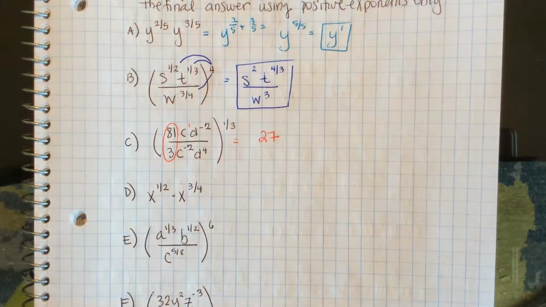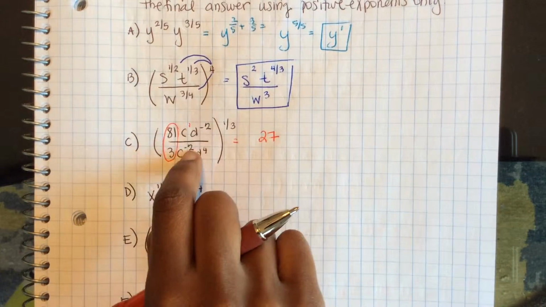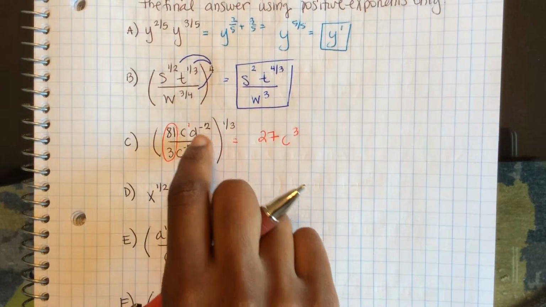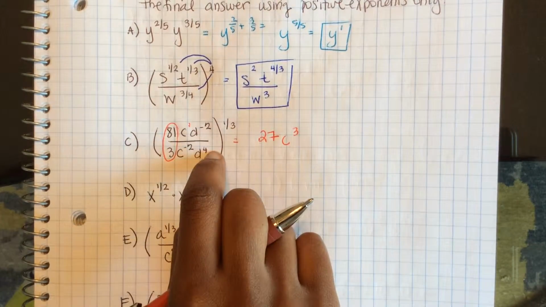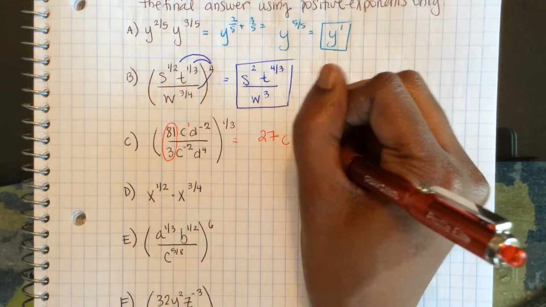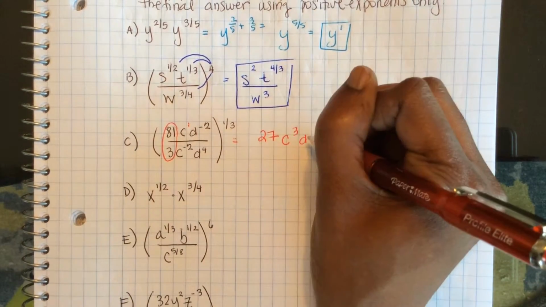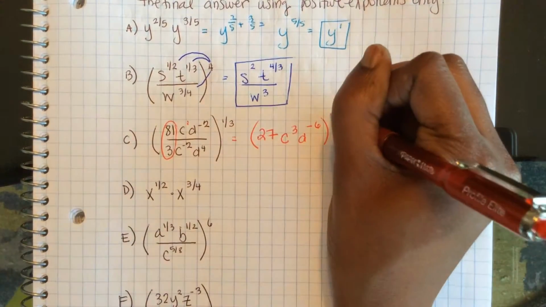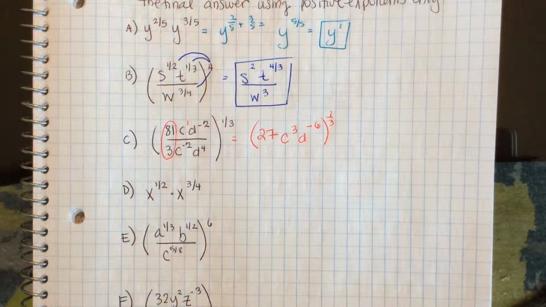So this is c to the first power. 1 minus -2 makes c to the third. And then -2 minus 4 makes d to the -6th power. And that's all to the 1/3 power.